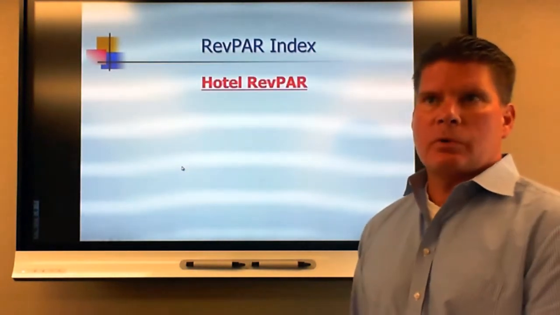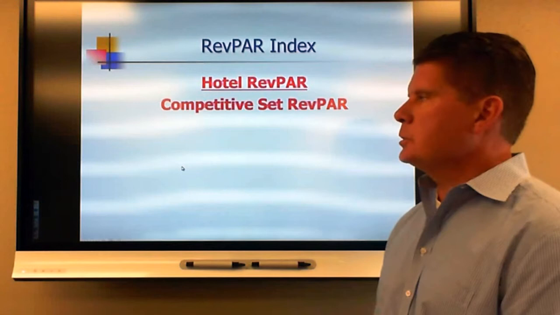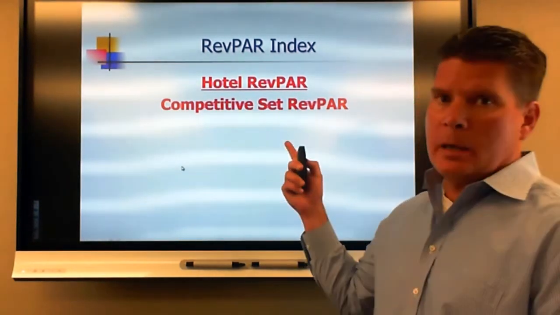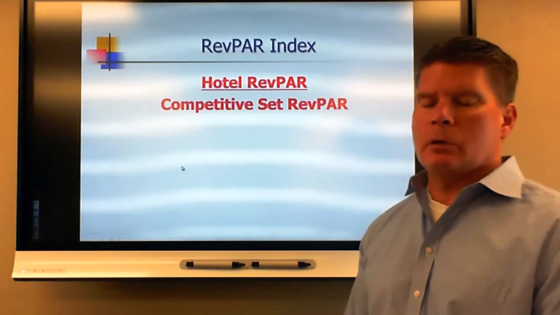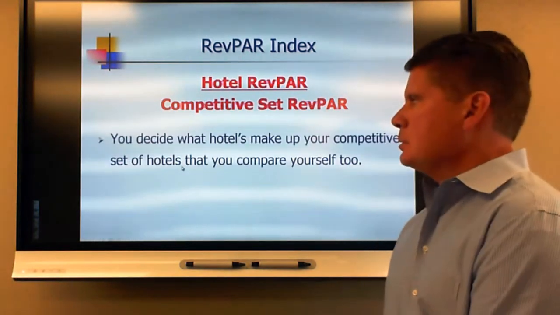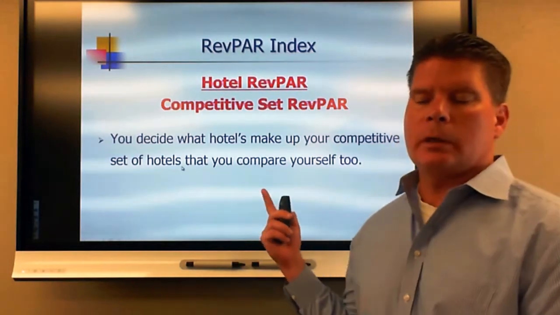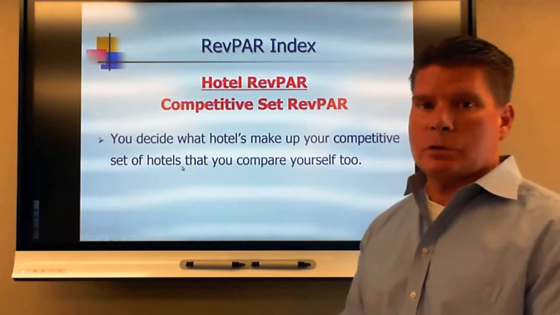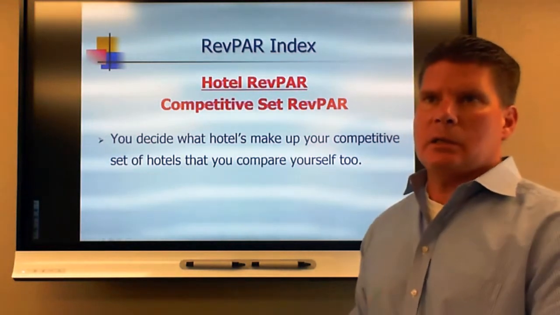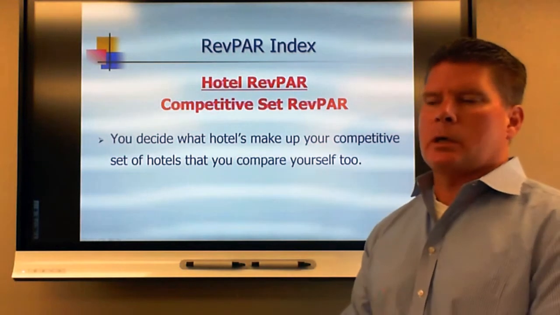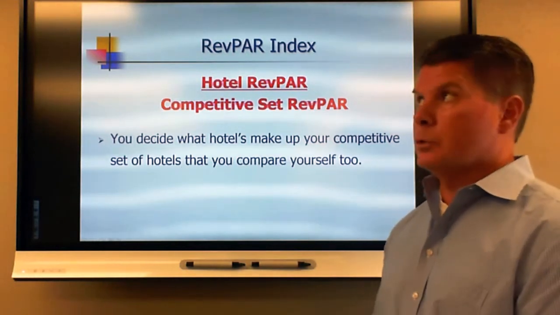The last thing is RevPAR index, which is a way to determine how your RevPAR matches up with your competitive set's RevPAR, and that's basically the hotels that you compete against. You decide who the competitive set is, but in order to make this a useful index, you need to use competitors that are actually your competitors. It's easy to inflate your RevPAR index if you're a Four Seasons and you try to compare yourself to Motel 6s.